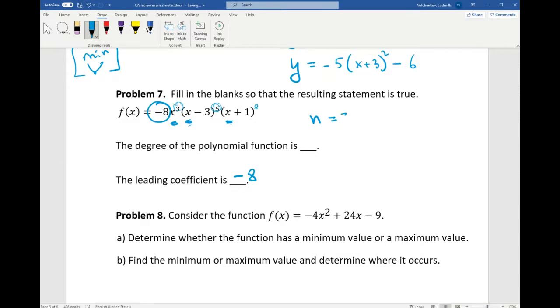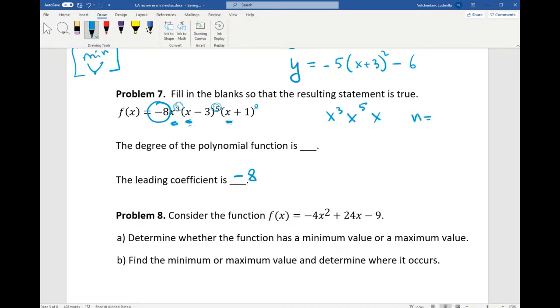So we have x cubed, then we have x minus 3 to the 5th. If you open the parentheses, you will have the leading term with x to the 5th, and we have x to the 1st.